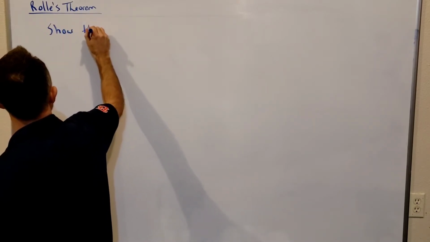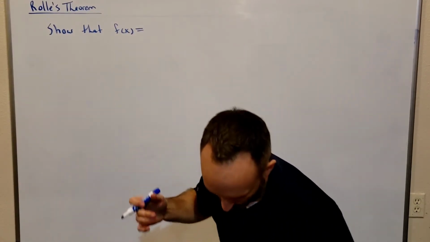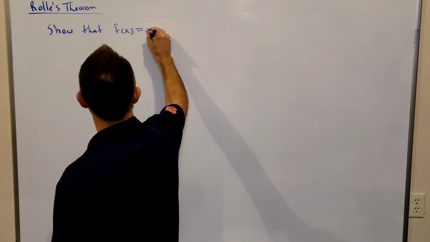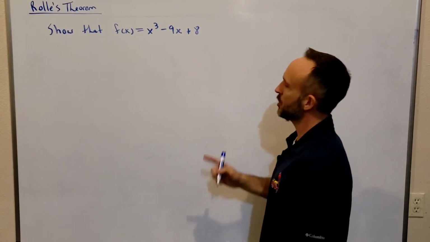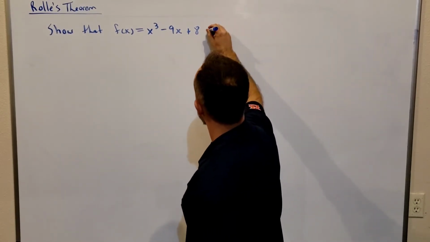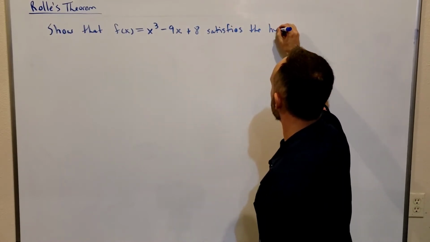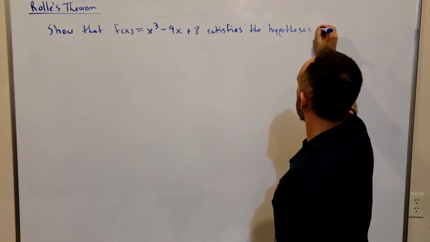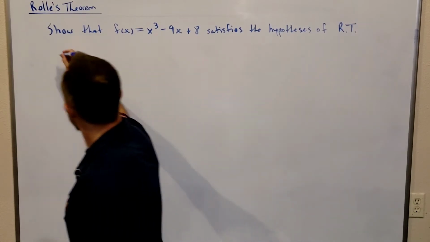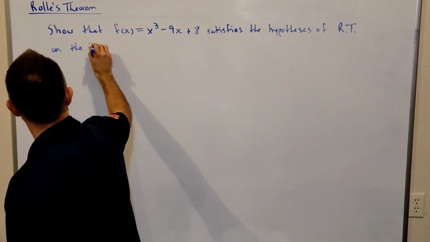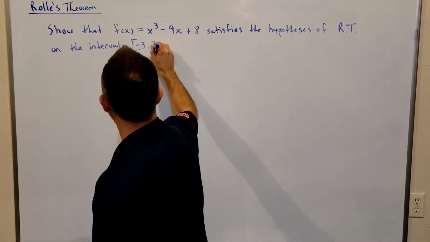Show that this function f of x, which equals x cubed minus 9x plus 8, the one I wanted to do, satisfies the hypotheses of Rolle's theorem on the interval -3 to 3.